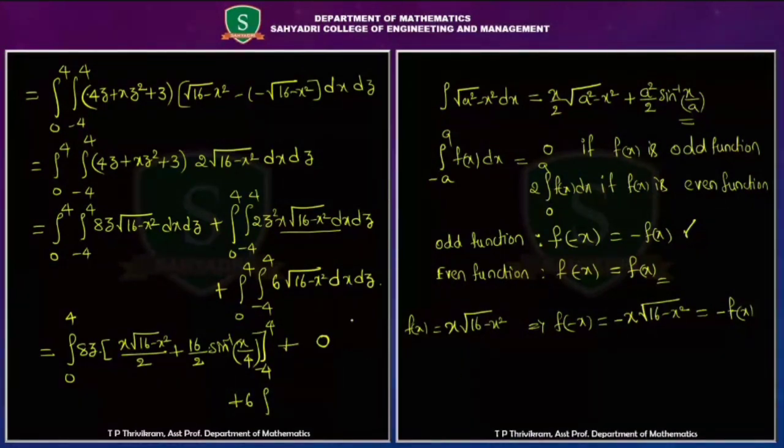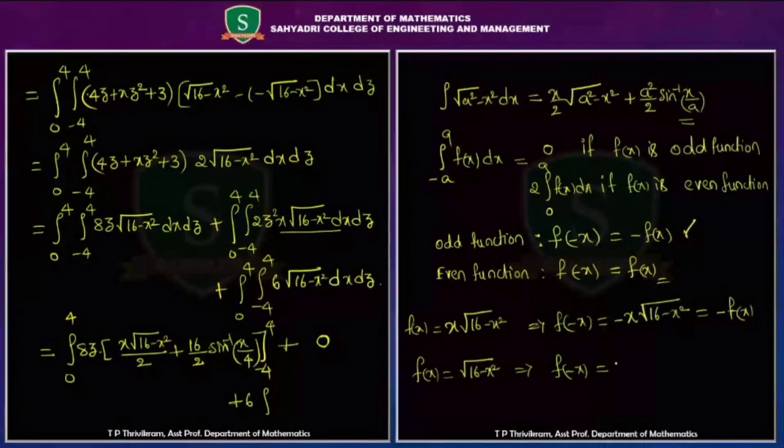Check whether this one is an even function or an odd function. f of x is equal to root of 16 minus x square, which implies f of minus x will be root of 16 minus x square, x square itself.